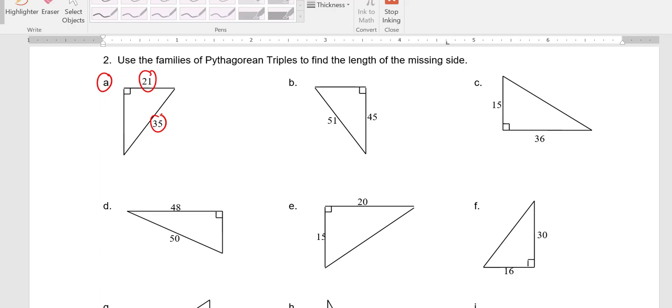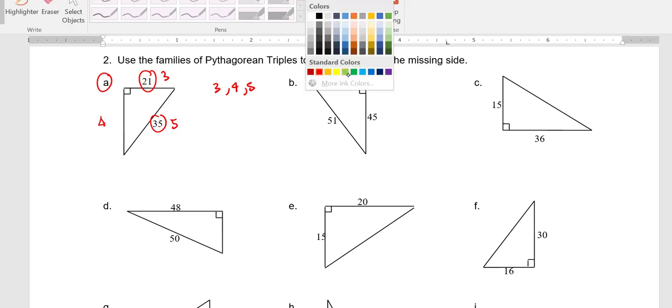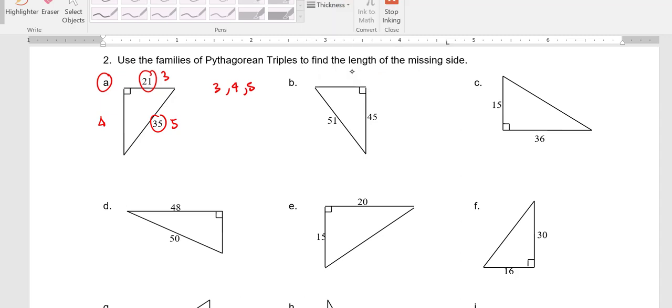So in this case, that would be 7. So this is going to be 3, and this is going to be 5. And hopefully you can see that that's a 3, 4, 5 family. So this side would be the 4 side. But because we divided everything by 7, I'm going to need to multiply this 4 by 7. So this side's actually going to be 28.